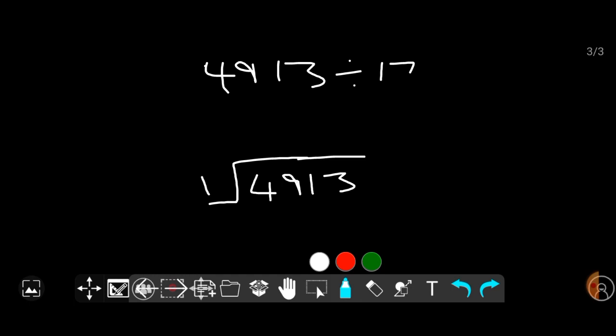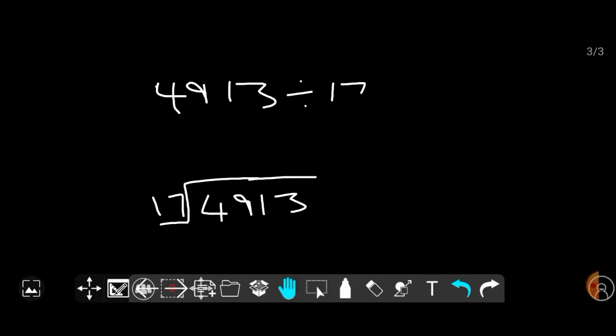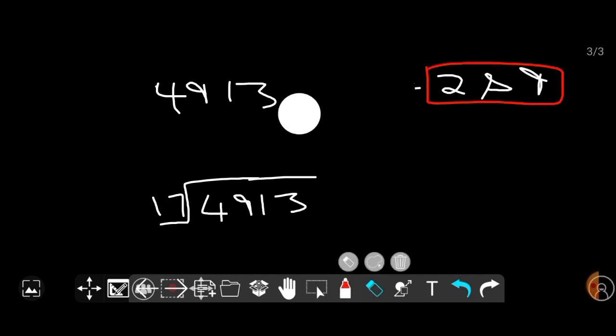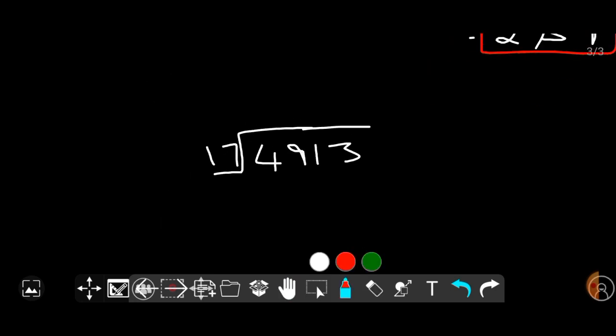13 divided by 17. Firstly, I'm going to use my calculator to see what it gives when divided by 17, and it gives me the value of 289. This is the expected answer at the end of the long division. So let's calculate. My first value, which is 4, I divide by the number outside, which is 17.